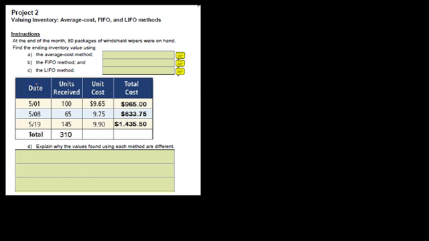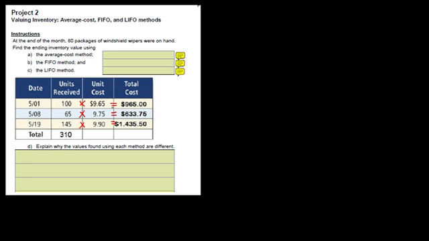Here's our information. We're given the date, the number of units received, the unit cost, and the total. So they've found the total by taking the units received and multiplying by the unit cost. So 100 by 9.65 gives us a total cost of $965, 65 by 9.75 gives us $633.75, and 145 by 9.90 gives us $1,435.50.